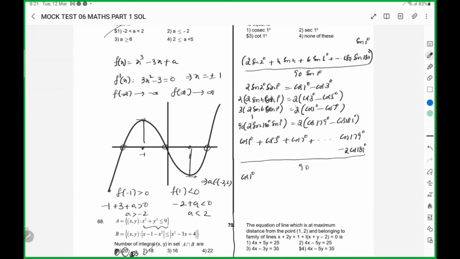Cos 1 plus cos 179, cos 3 plus cos 177. Like this, all you consider.